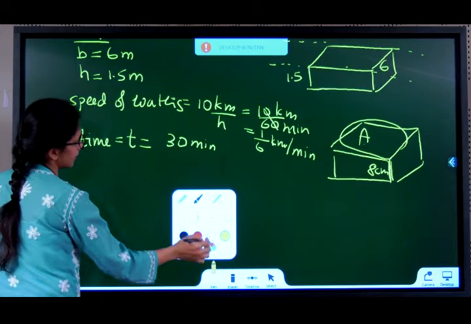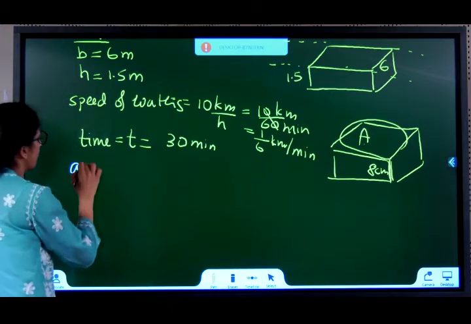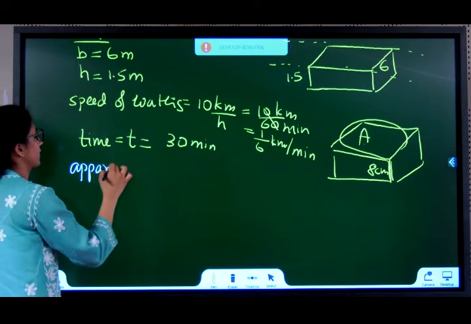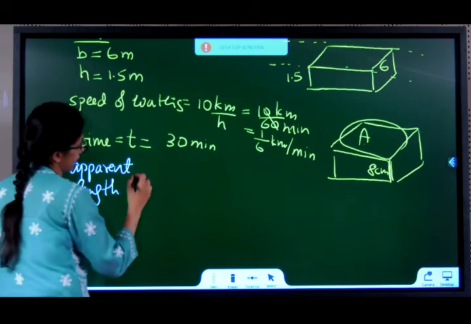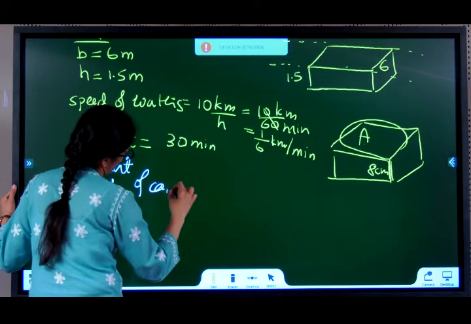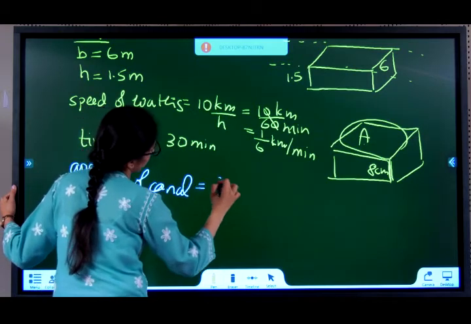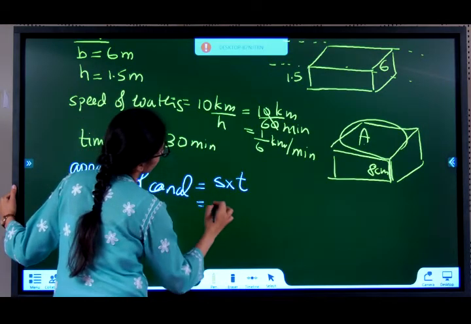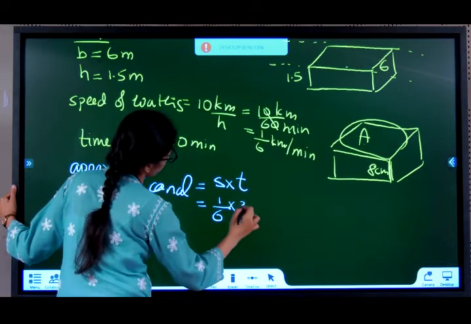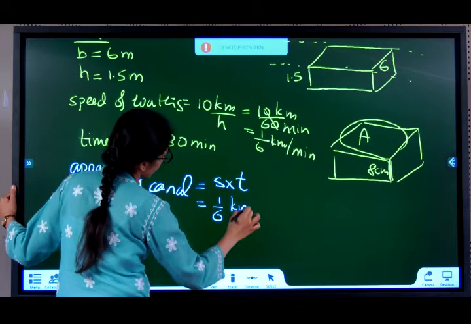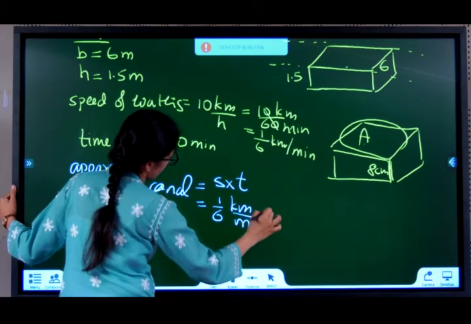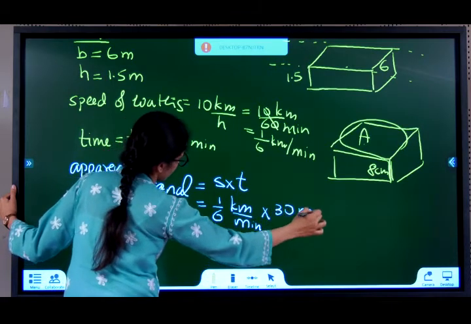From this, I say the apparent length of canal, or equivalent length of canal, is speed into time: 1 by 6 kilometer per minute into 30 minutes.